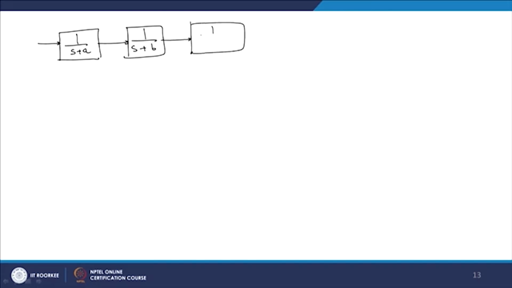So first of all we assign the states to this plant. How do we do it? Let us see. The blocks are 1 upon s plus a, 1 upon s plus b, 1 upon s plus c, 1 upon s plus d, and this is k.